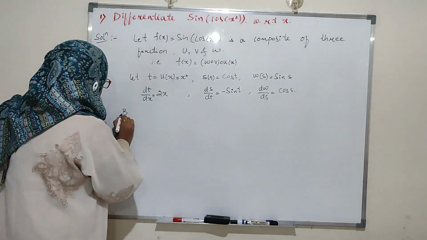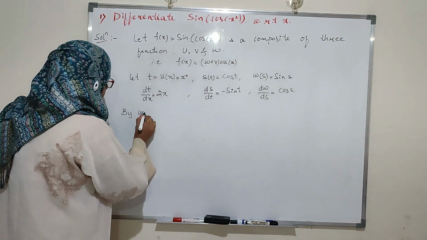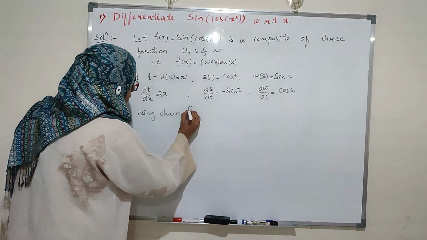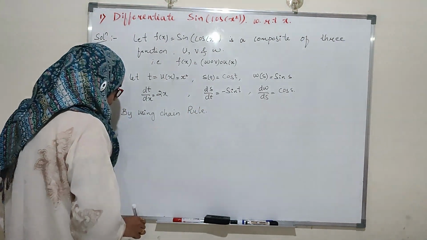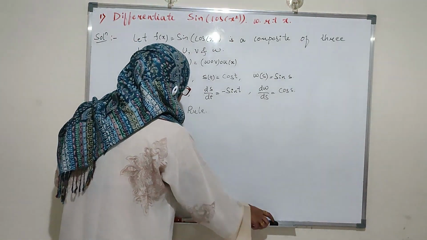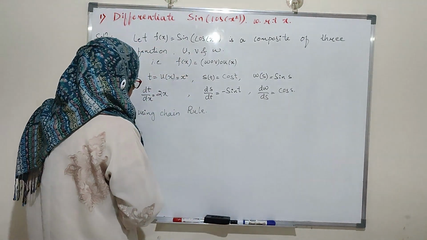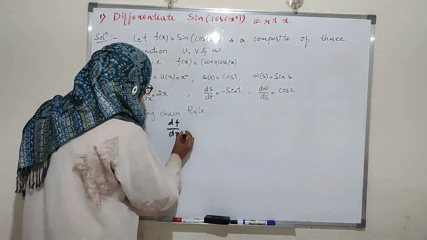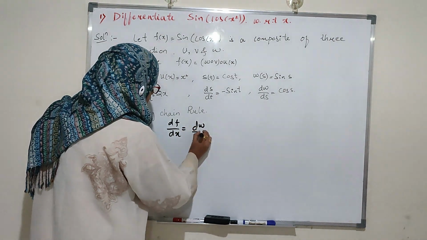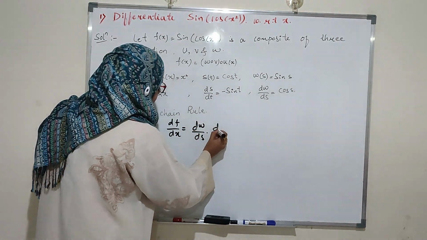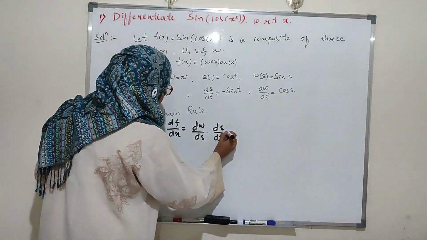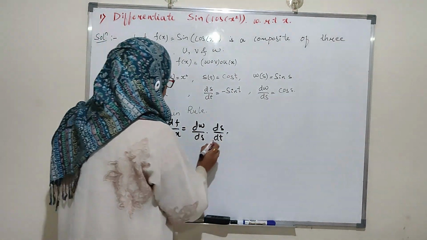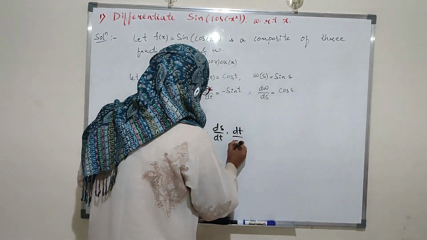Now by using the chain rule, according to the chain rule, we have the differentiation of the given function: df by dx is equal to dw by ds into ds by dt into dt by dx.